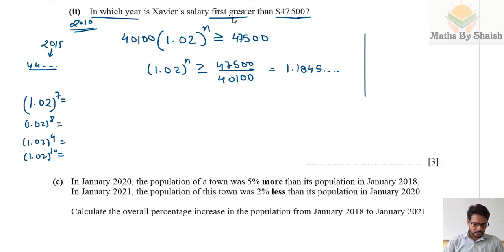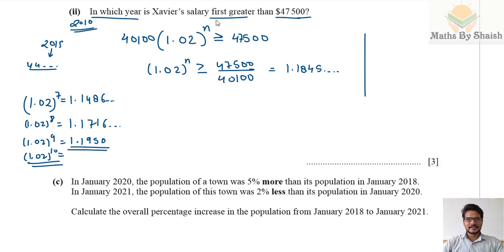So 1.02 to the power 7 is very less, 1.1486 and so on, and then for 8, it is 1.1716 and so on. It is again less, so we will check for 9, it is 1.1950.